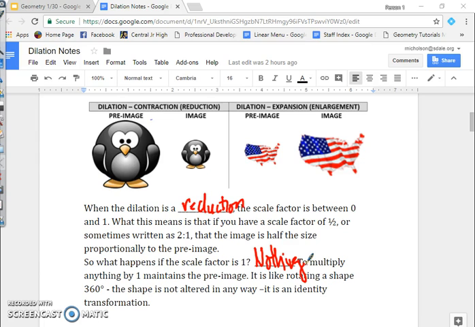The image would be the same, right? It's an identity transformation. What do I mean by identity transformation? You just change it to A prime, B prime. Right, you didn't change anything. It's like if you added 0 to something, or if you multiplied anything by 1. Those are identity properties.